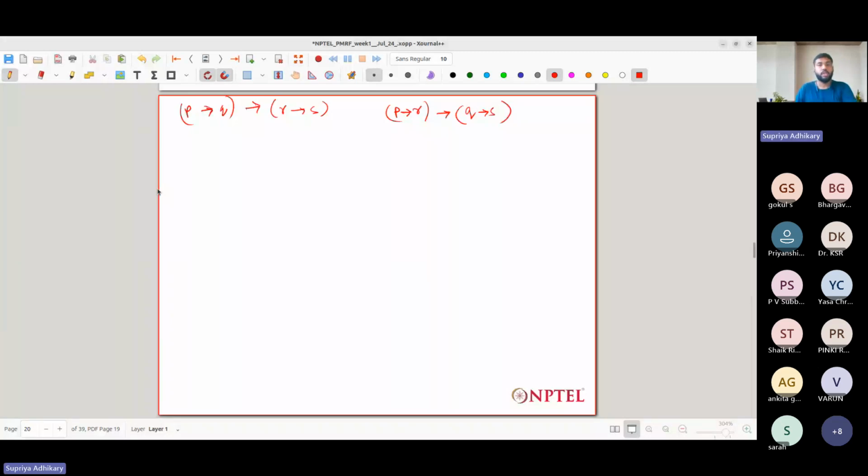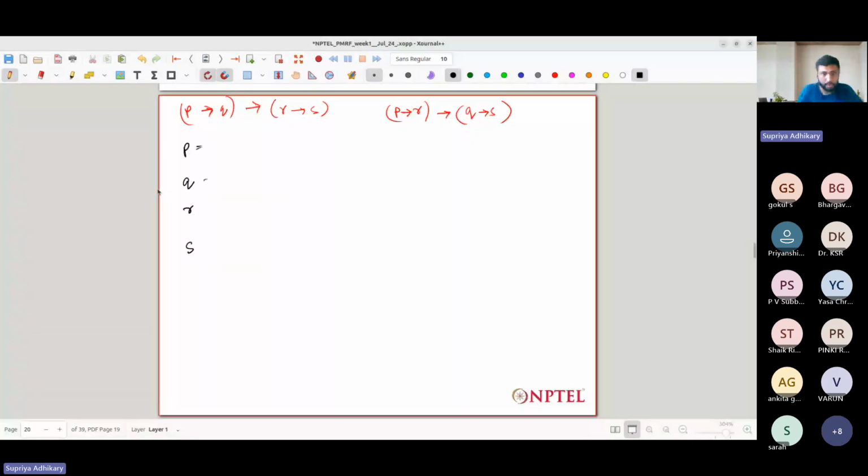So we have to verify whether these two statements are again logically equivalent or not. So for this case, again, we will try to find a truth assignment to prove that these are indeed not logically equivalent.